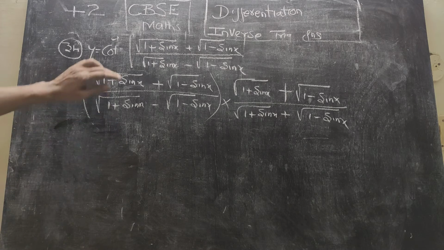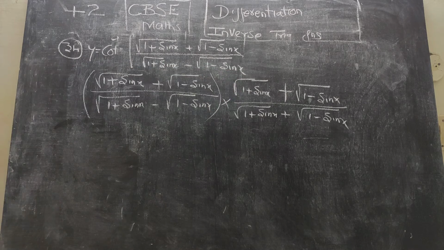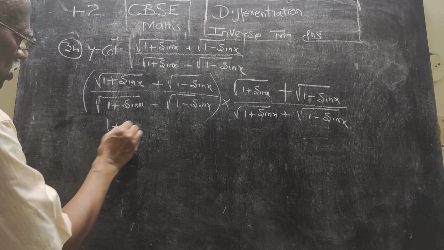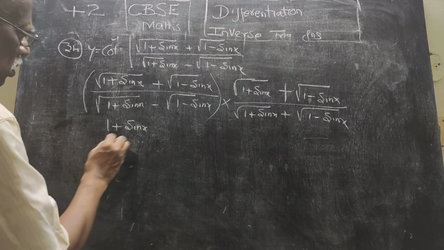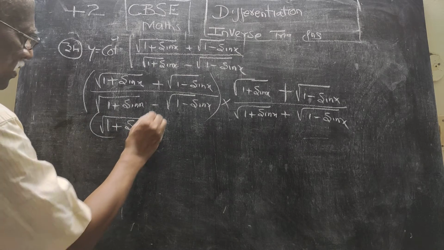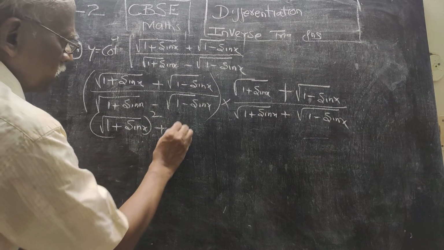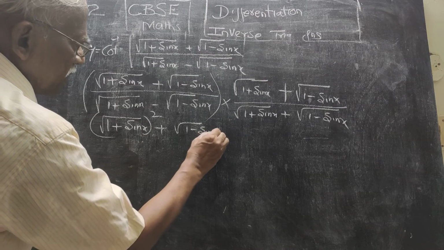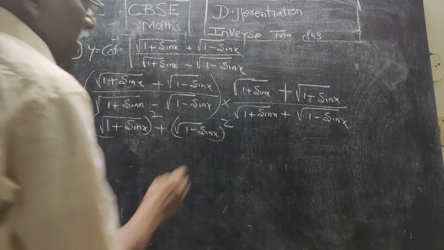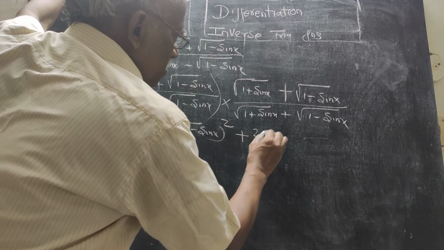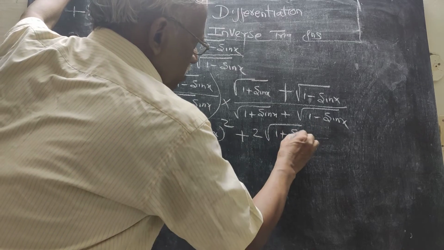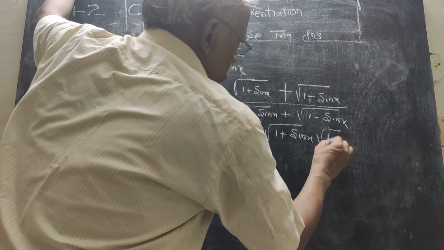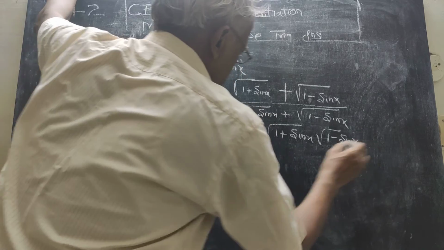The result is that in the numerator a plus b and a plus b, so a plus b the whole square, that is root of 1 plus sin x the whole square plus root of 1 minus sin x the whole square, and then the 2ab term, 2 times root of 1 plus sin x into root of 1 minus sin x.